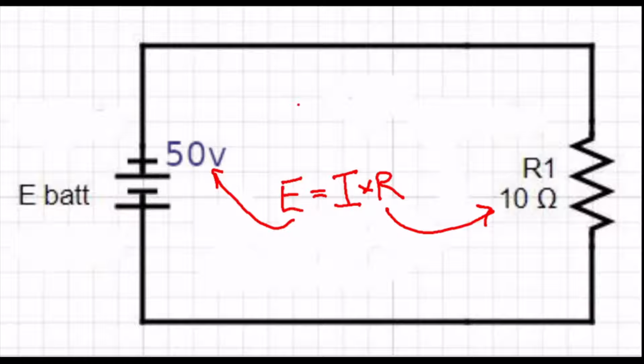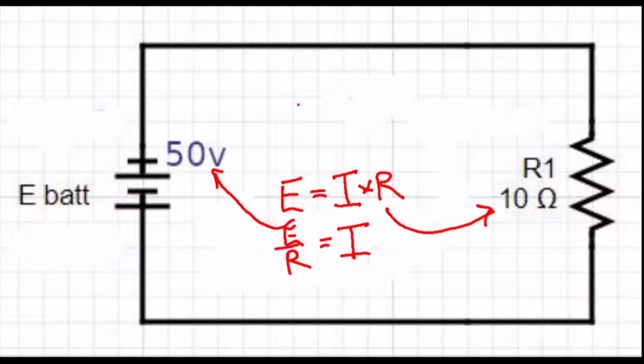So let's go ahead and play with the equation. If we're going to solve for I, then we're going to have to divide both sides by R. So I is going to be E divided by R. I'm going to neaten this up a little bit so we can do most of our work in the middle of the drawing.